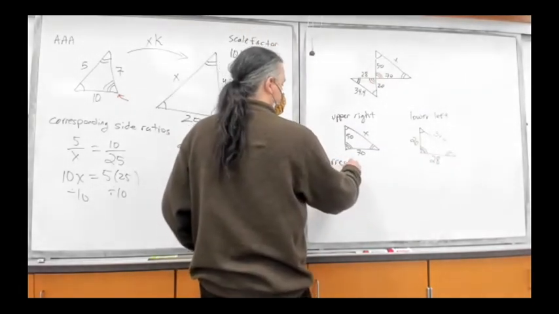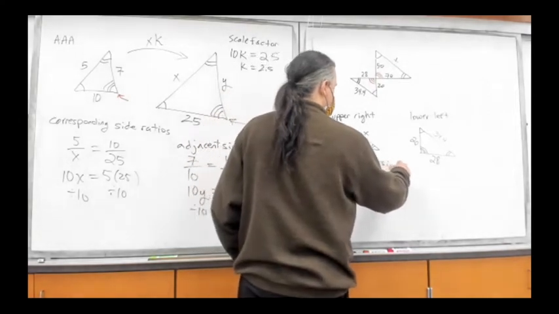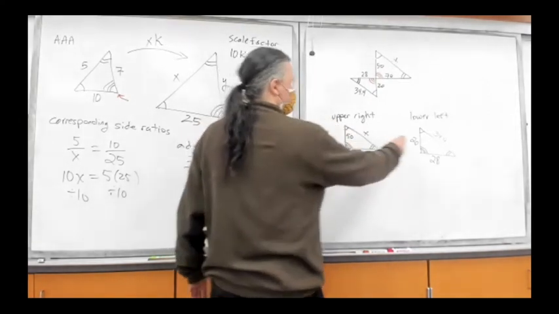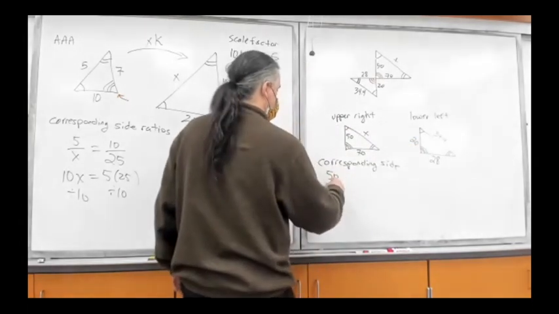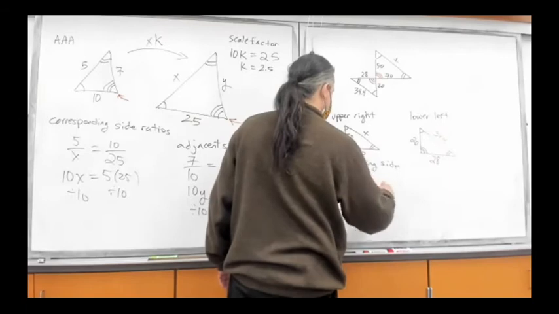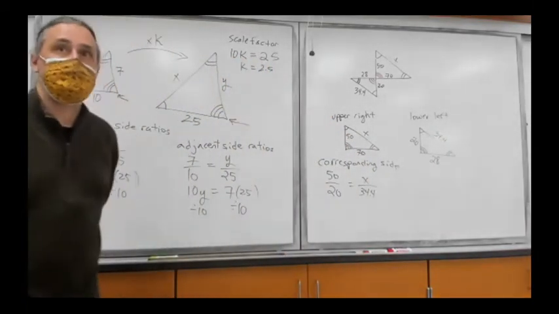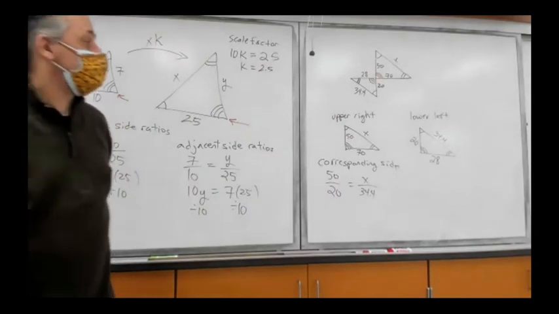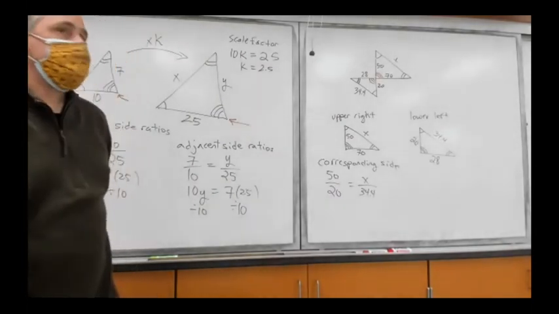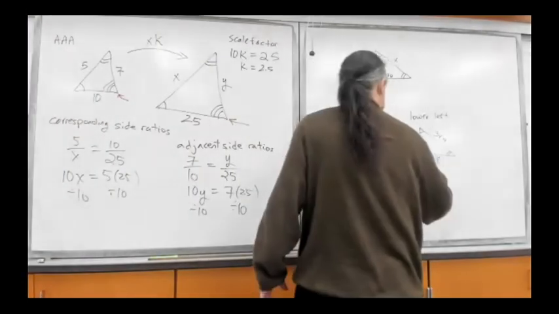Corresponding sides tend to be easier. So we've got 50 over 20 equals x over 34.4, and then solve that. You could have also used the 2 bottom sides, so that would have been okay.